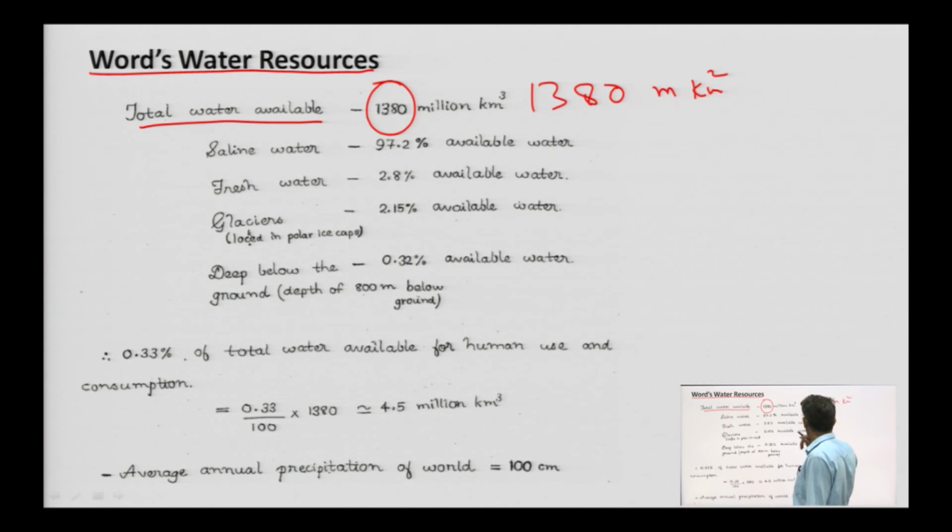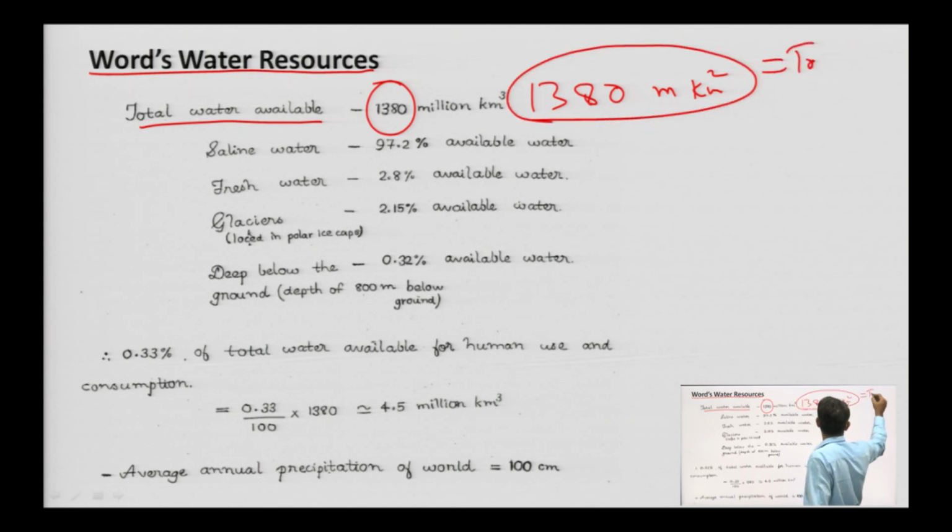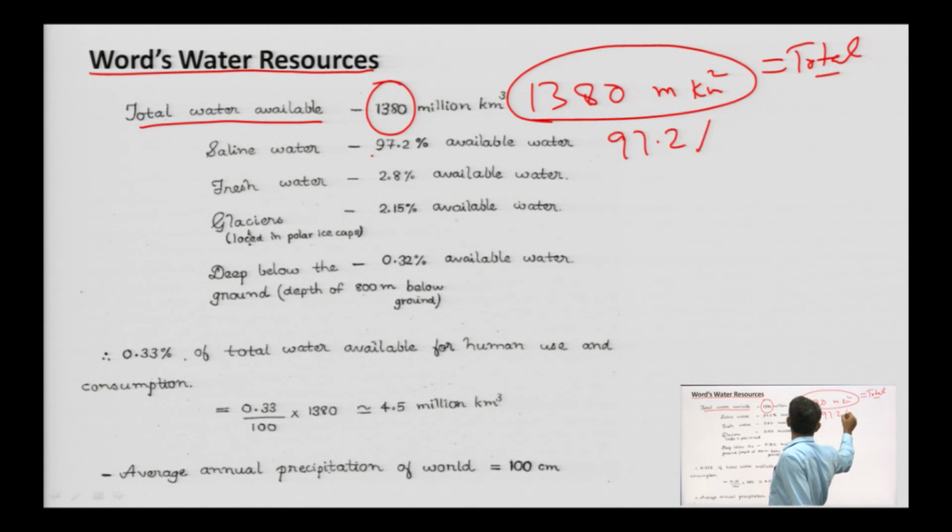And out of this total quantity, 97.2% of the water is with the oceans, and therefore it is saline.